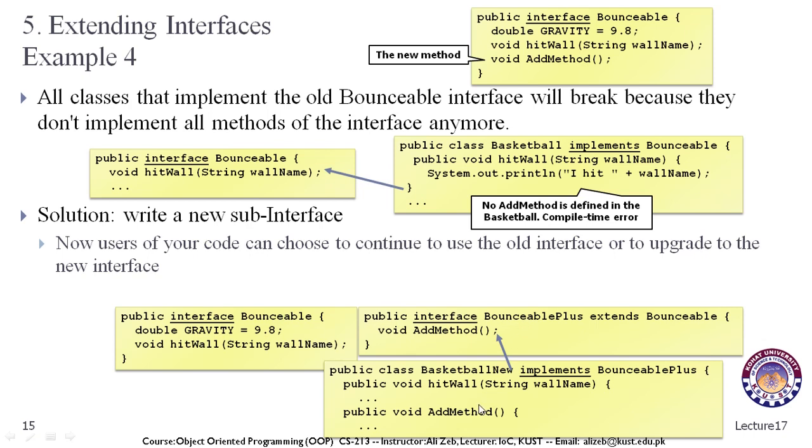So for example, we had 1,000 classes implementing our old interface, and now 100 of those 1,000 classes need to implement these methods. We will only need to change those 100 classes and we'll leave our 900 classes as they were. So this is an advantage of extending interfaces.